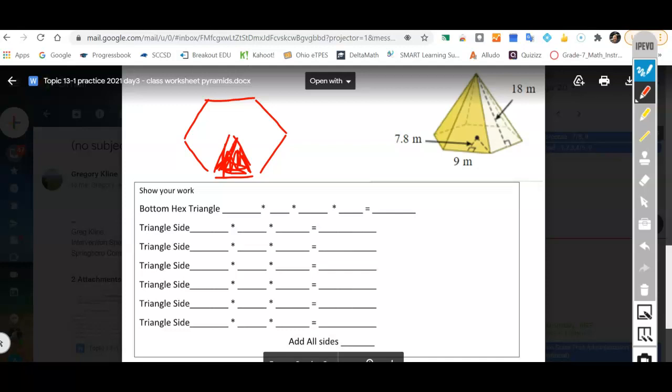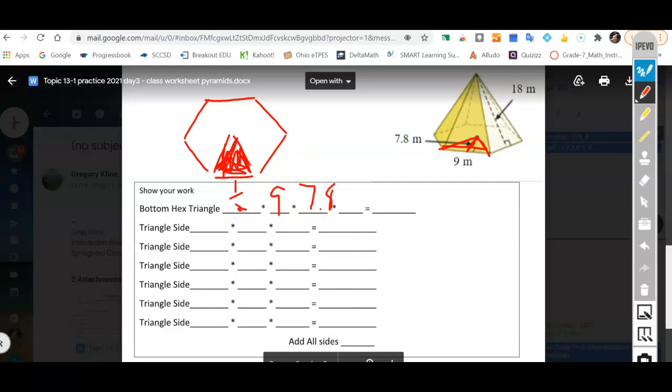I'm going to go 1/2 times what? What's the base and the height of each individual triangle on the base? LJ, you know? Excelente. Right, 9 and 7.8, because you can see that that is on the bottom, which is a hexagon.